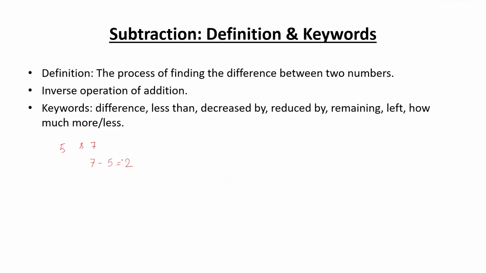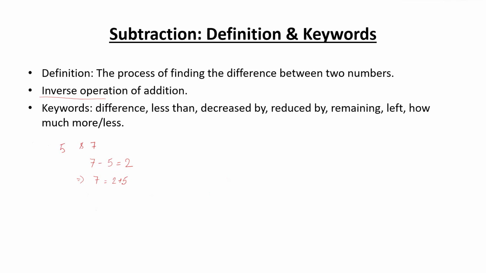And what is meant by inverse operation of addition? Here, 7 minus 5 is equal to 2. The same thing you can also write as 7 is equal to 2 plus 5. So, subtraction is the inverse operation of addition or addition is the inverse operation of subtraction.